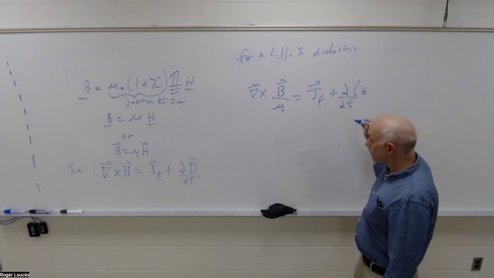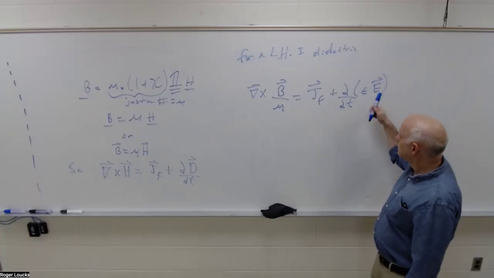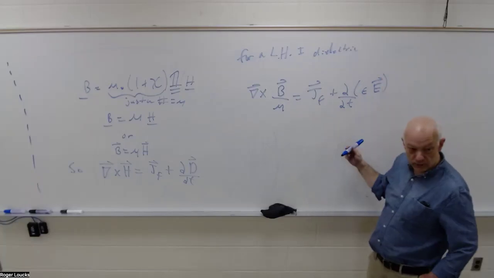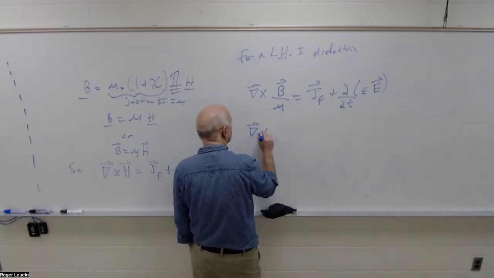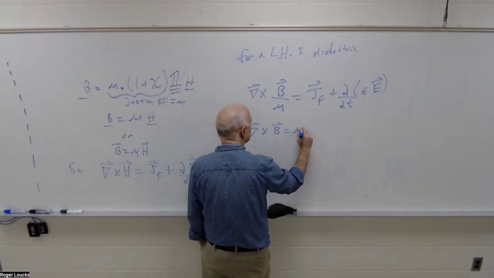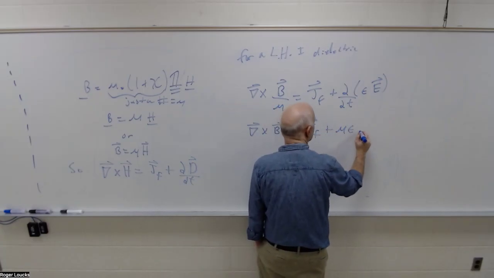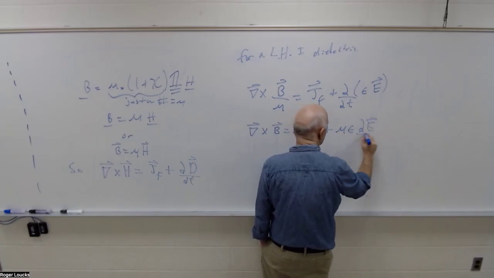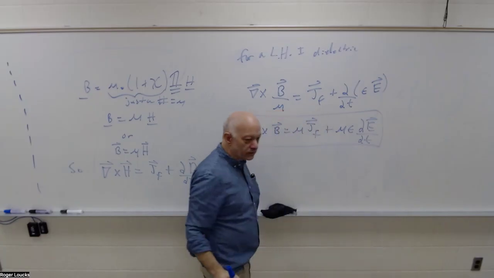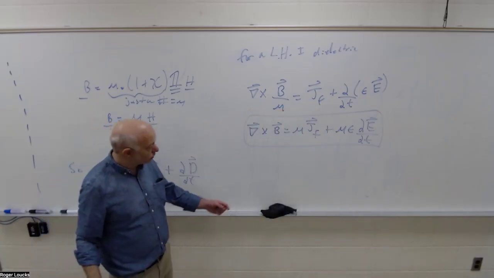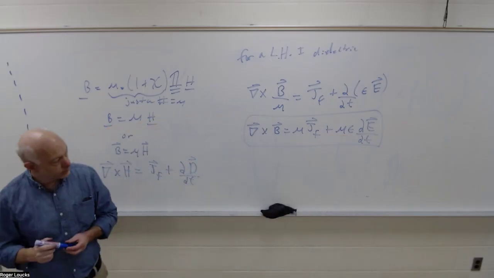Oh, D is just epsilon times E. The mu and the epsilon are constants, so I can pull them out and take over the mu. And so that just gives me this. Boom. So all the effects of the dielectric have been dumped into the mu and the epsilon value. Okay.